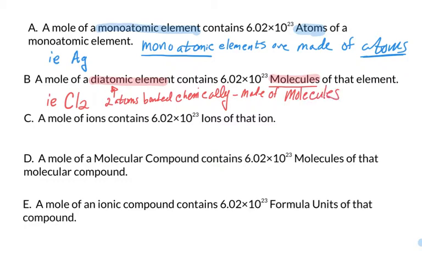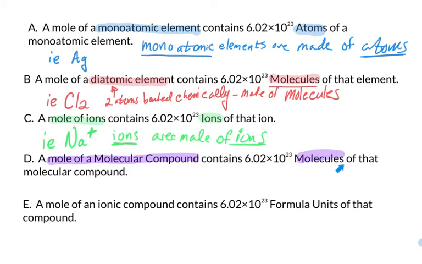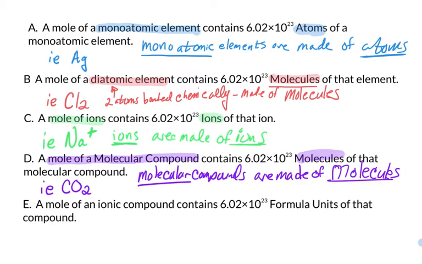Letter C. A mole of ions contains 6.02 times 10 to the 23rd ions of whichever ion we're talking about. And again, in this case, we're looking at ions, and so we know we're talking about the word ions. It tells us that that's what we're looking at. Letter D. A mole of a molecular compound contains 6.02 times 10 to the 23rd molecules of that molecular compound.